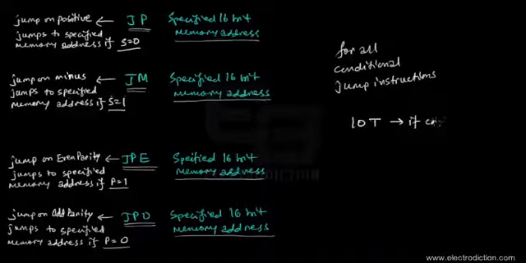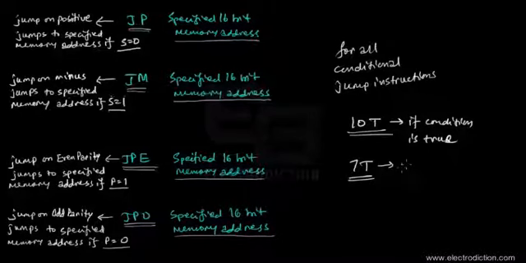So for each of these jump instructions, whenever the condition is found to be true, the 8085 will execute them over 10 clock periods, and if the condition is false, then it is executed in 7 clock periods. So 7 clock periods is the time consumed for executing a jump instruction if its respective condition is false.